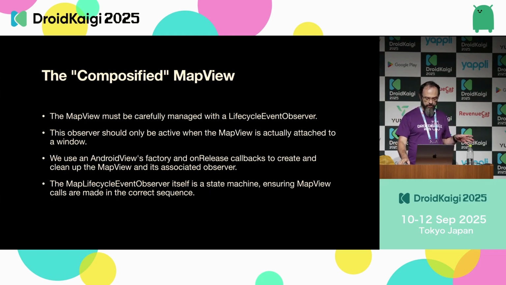We are going to use the Android view factory and onRelease callbacks to create and clean up the map view and the associated observer. The map lifecycle event observer is a state machine that makes sure that the map view calls are made in the correct expected sequence.